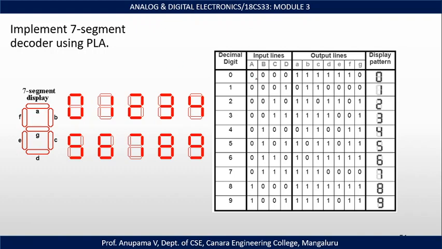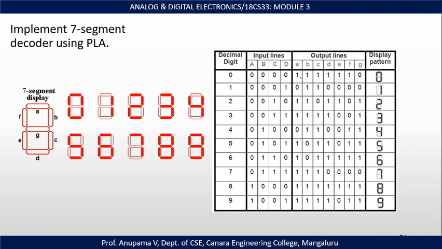So if the input is 0, that is BCD 0, then 0 is represented like this in the 7 segment LED display, that is except LED G, all other LEDs will glow.